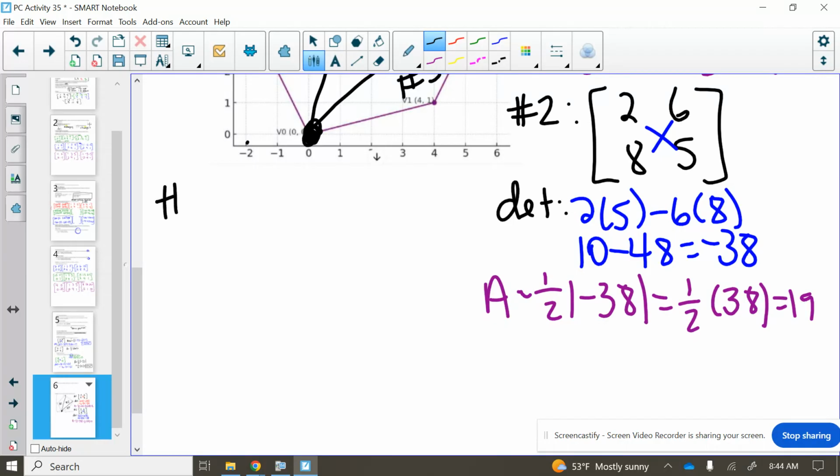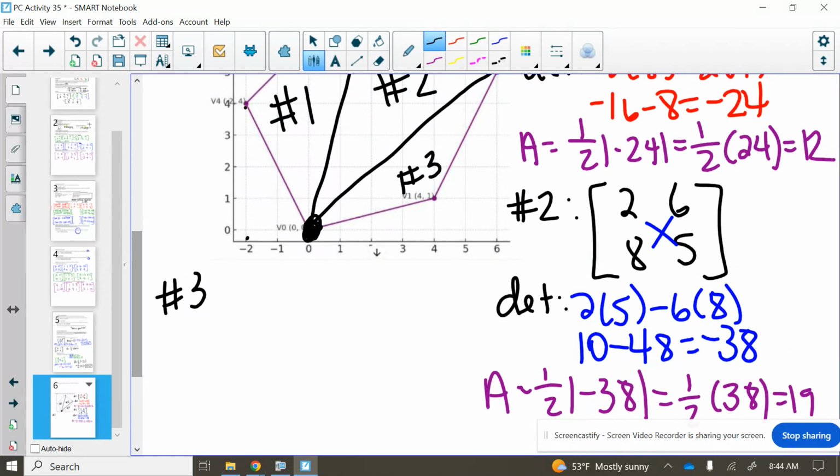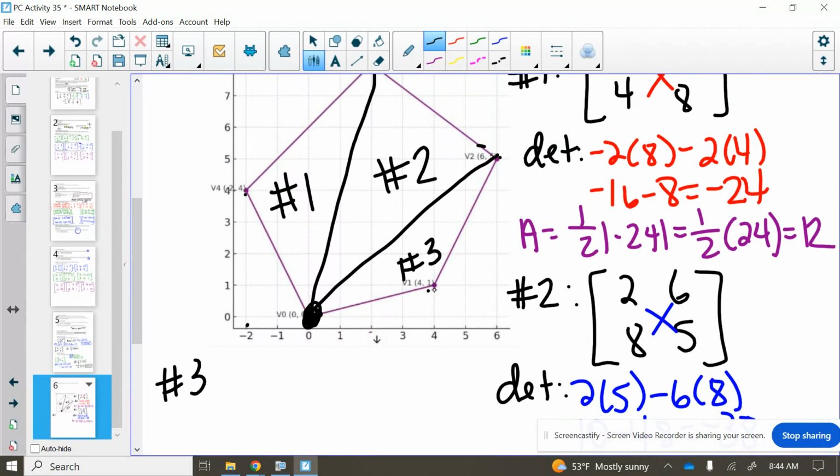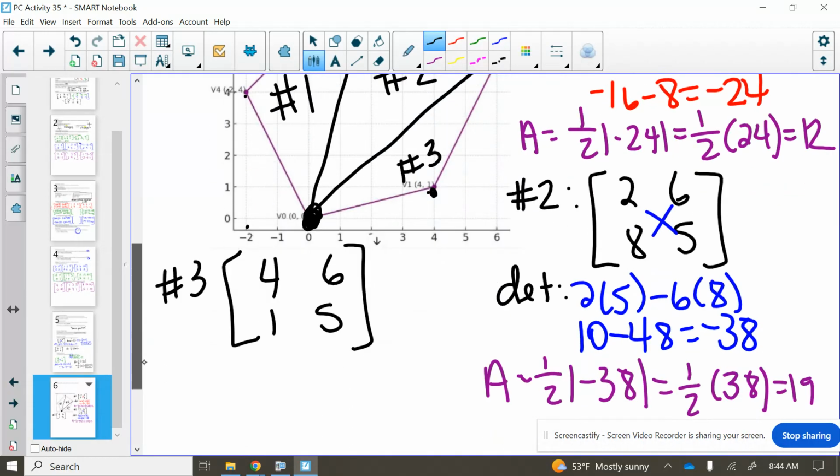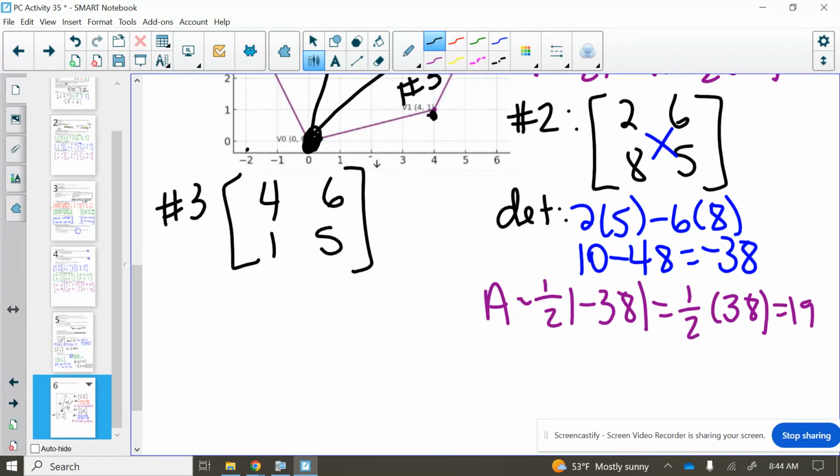Our last triangle, triangle number 3, has vertices at 0, 0, at 4, 1, and again at 6, 5. So again, we already have one at 0, 0. That's good news. This time when we find the value of our determinant, A times D minus B times C gives us a value of 14.